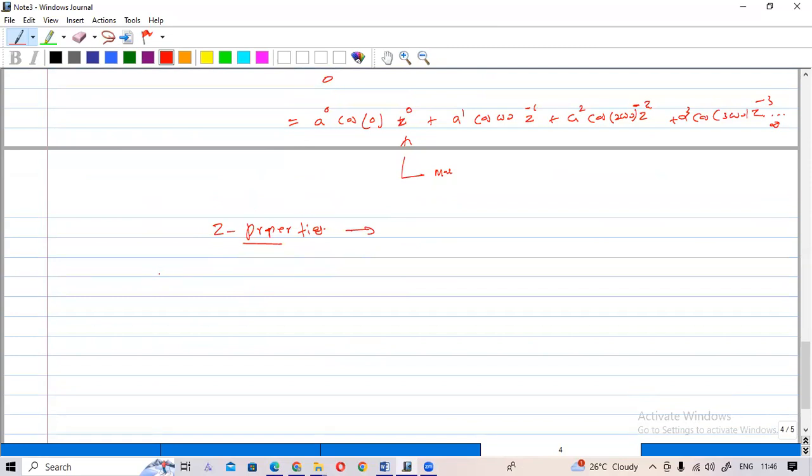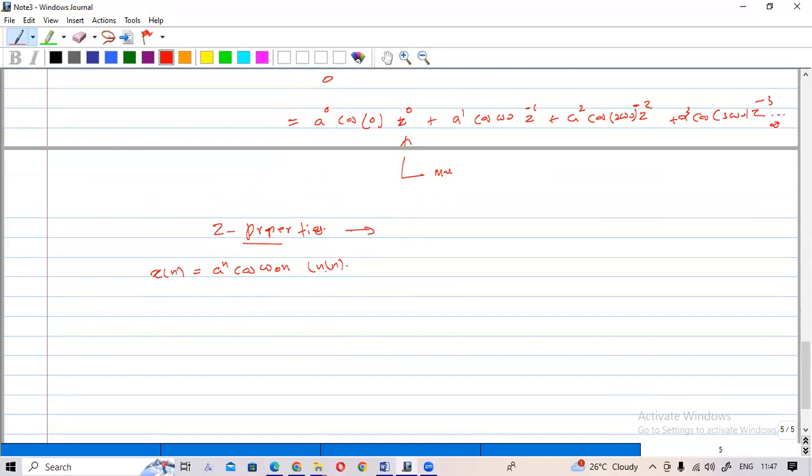So again, I will write this signal x[n] is equal to a^n cos(omega n) u[n]. So this is the signal. I can use the Euler formula to write this signal as complex exponential terms.